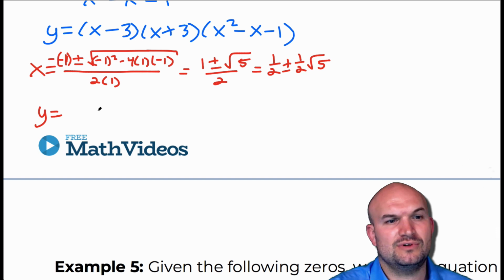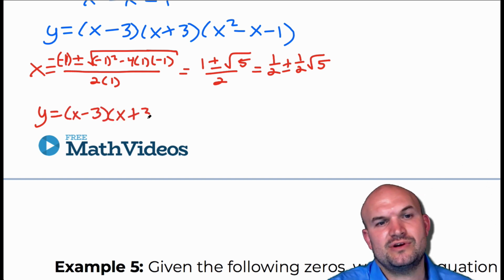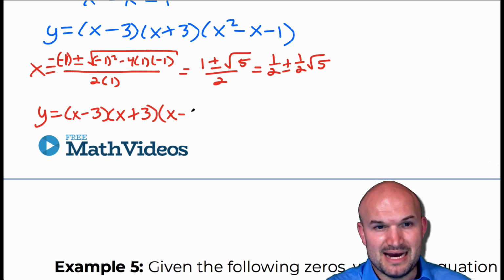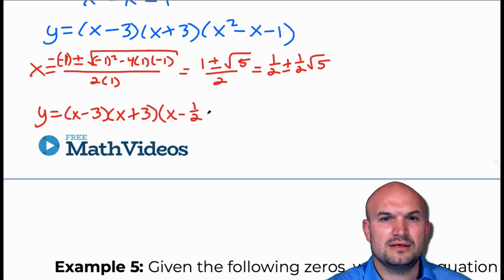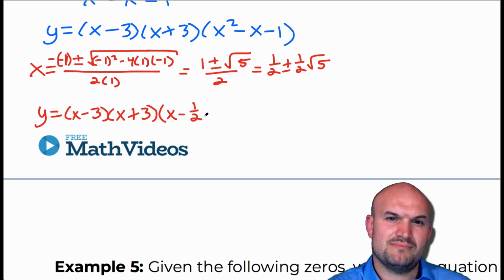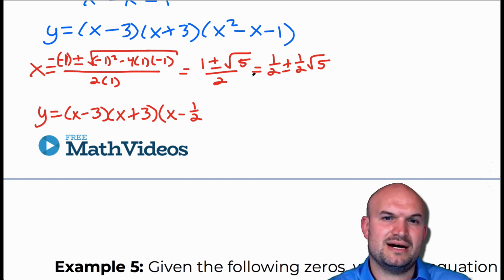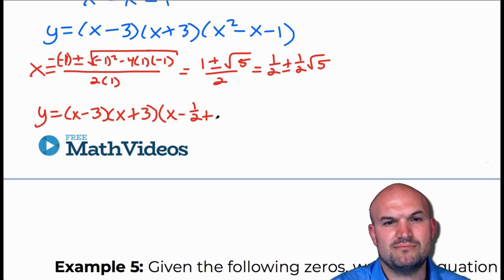So y equals x minus 3 times x plus 3 times x, let's see. So x minus 1/2, x equals this, so minus 1/2 plus or minus, oh yeah, I got to do both these factors.